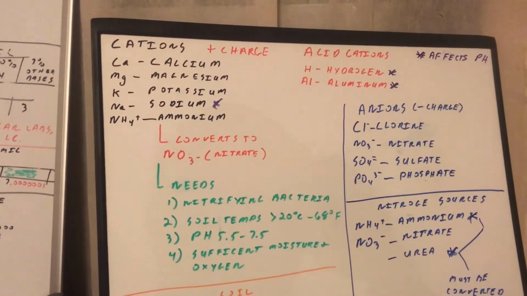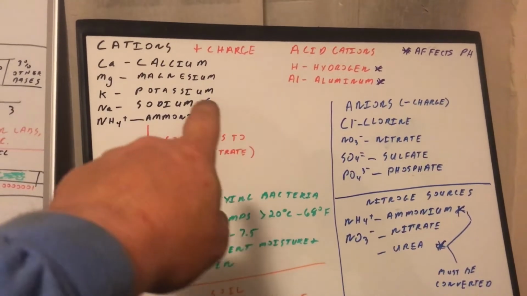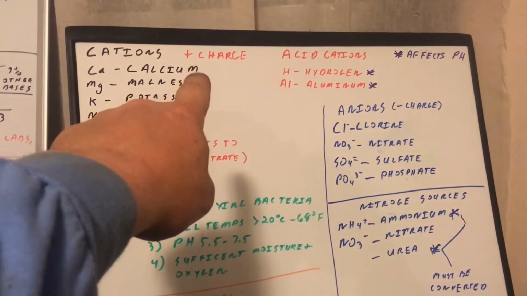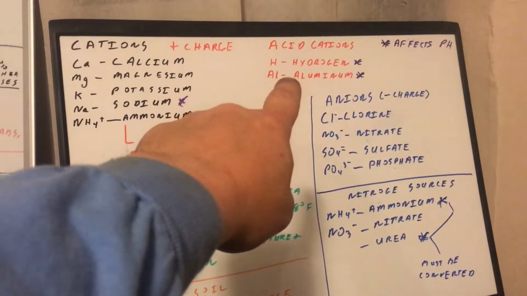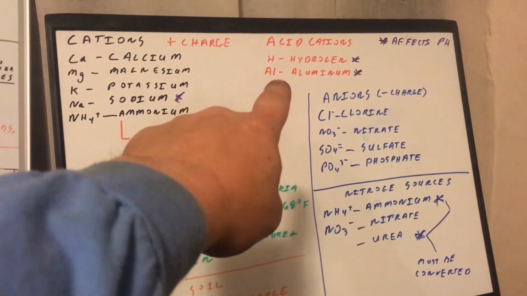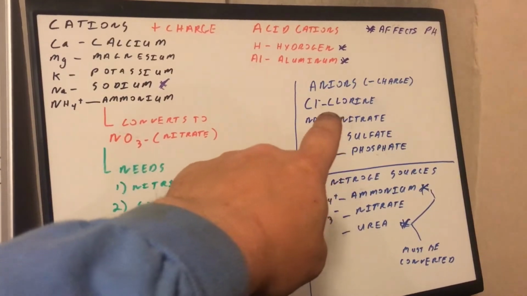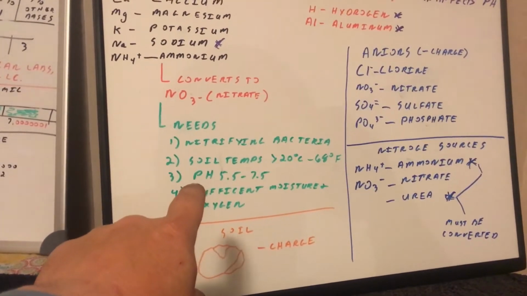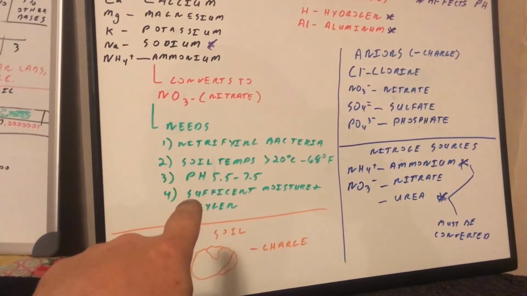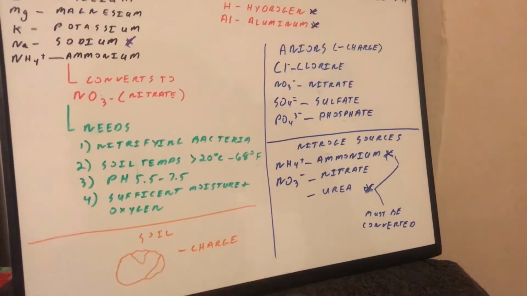On this board, I've got the cations, which are your positive charge, your acid cations, which again are positive charge, and your anions, which are negative charge. I'm explaining some of the stuff about nitrification, and we're talking about nitrogen sources.